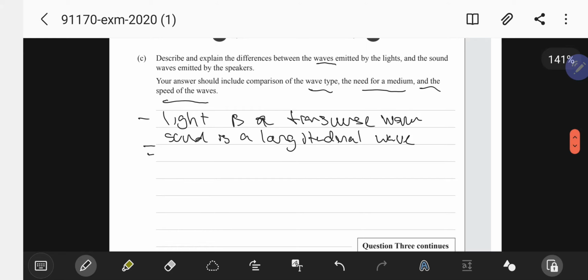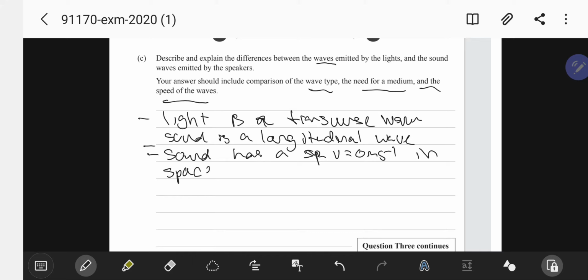So sound has a speed of 0 meters per second in space. In other words, a vacuum.